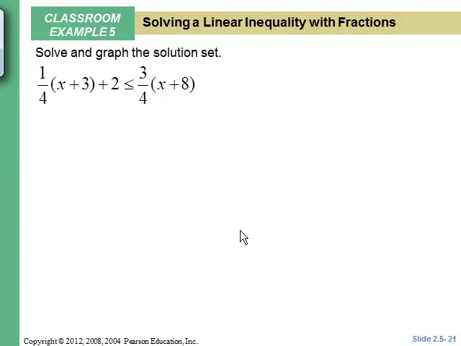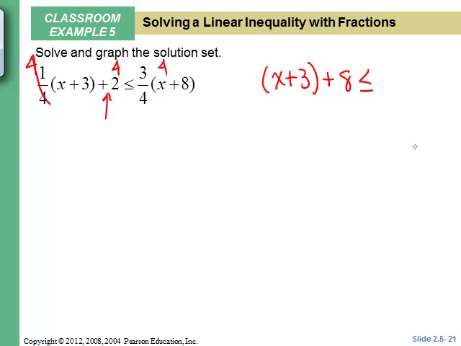All right. When we have fractions, remember, we can multiply everything by that common denominator. So this is going to be times 4. Notice here's another term, so this is going to be times 4. And this part's going to be times 4. 4 times 1/4 is just that thing, so we're left with x plus 3. 4 times 2 is 8.